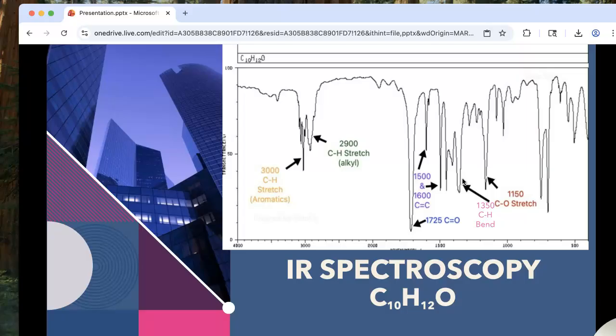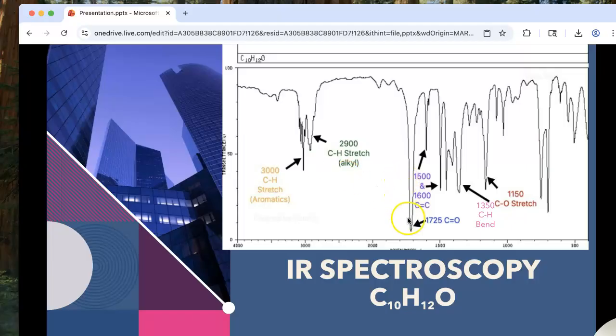Okay, here is the IR spectroscopy. So there's a few identifications that I made, but some of the major ones, well, I'll go through most of them. At 3000, this can indicate a CH stretch of an aromatic ring. Next to that, the CH stretch of an alkyl at 2900. It's not a very large absorption, but it is present.